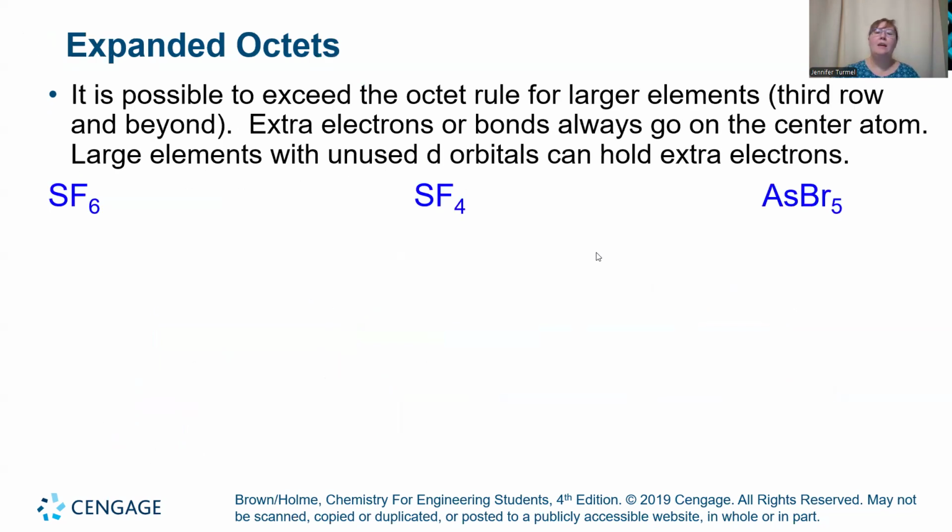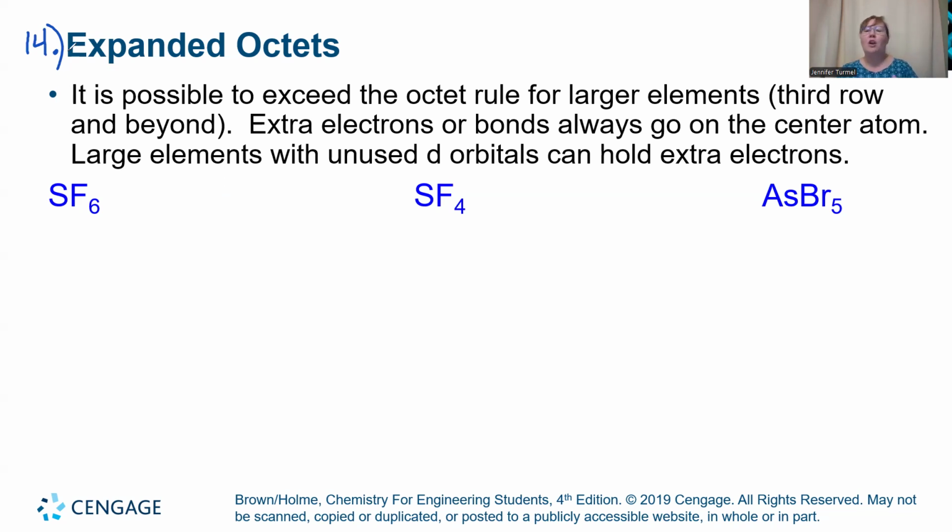Now let's take a look at expanded octets. If you remember, once you get down to n equal to 3, you have a 3d orbital in n equal to 3, but it's not filled until after 4s gets filled. That means that for every row beginning with n equals 3, you have unused d orbitals in that energy level.